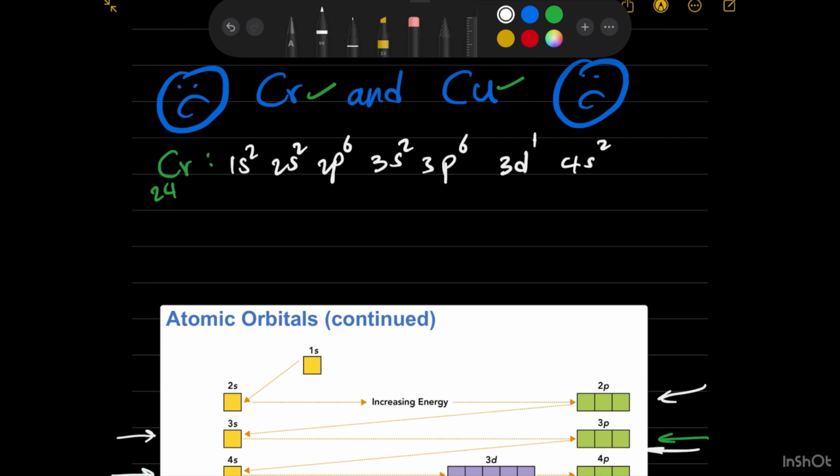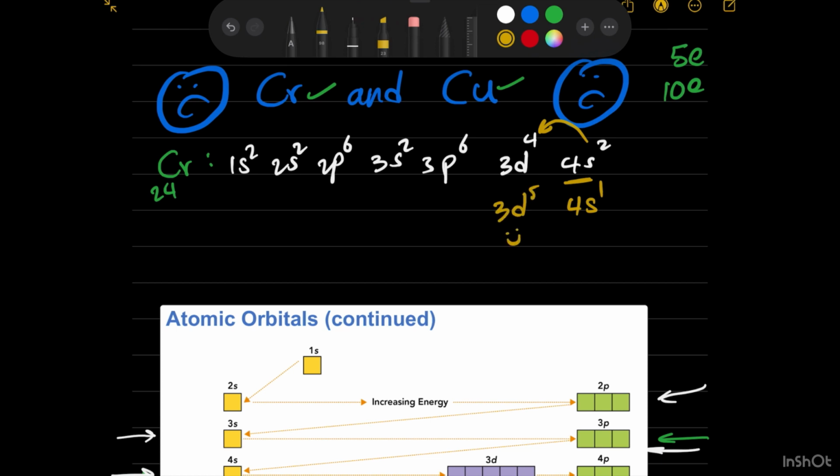But we told you that the d orbital likes to have 5 electrons or 10 electrons. How can I make this 4, because it's close to 5, into 5? There is a process that takes place here in which the 4s is generous. It will give an electron to the 3d, and that's why the 4s becomes 4s1 and the 3d becomes 3d5, which is finally happy.